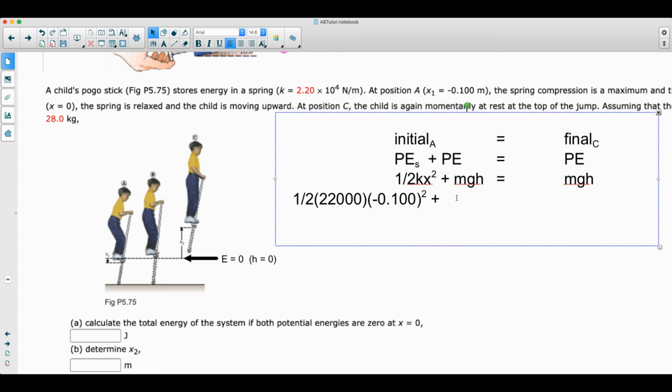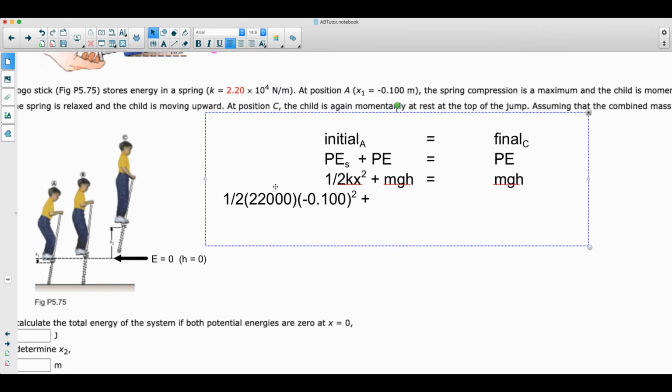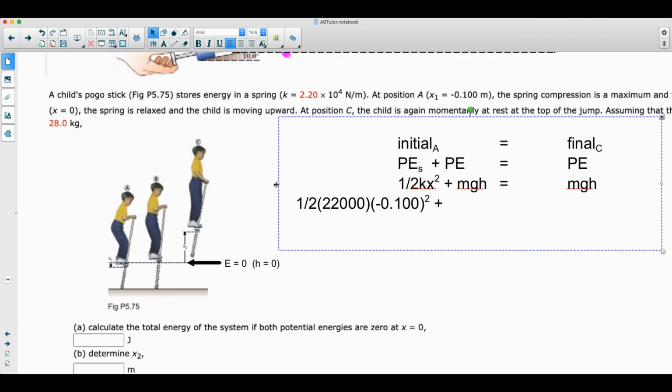Plus the mgh. So in this case, the child's combined mass is 28 kilograms. 28 times 9.8 times, there's a height here. That height actually is negative 0.100. Aha! That then has to equal the mgh at the end, but we're not really worried about that.